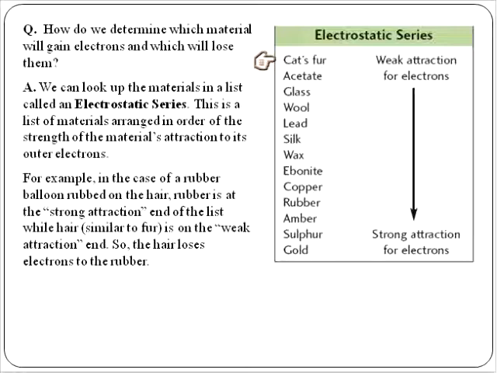Whatever electrons are lost by the hair will be gained by the rubber. So the hair loses electrons to the rubber, and the balloon becomes negatively charged. That's why it sticks to the wall, because negatively charged objects are attracted to neutral objects. We'll talk about why that is in just a sec.